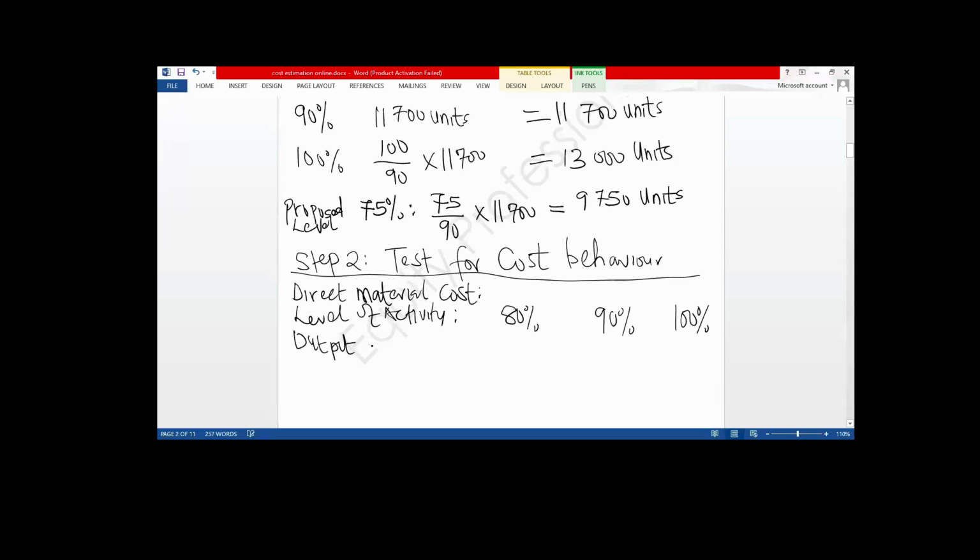Outputs in units: at 80%, the output is 8,400 units. At 90%, the output is 11,700. And at 100%, 13,000 units.